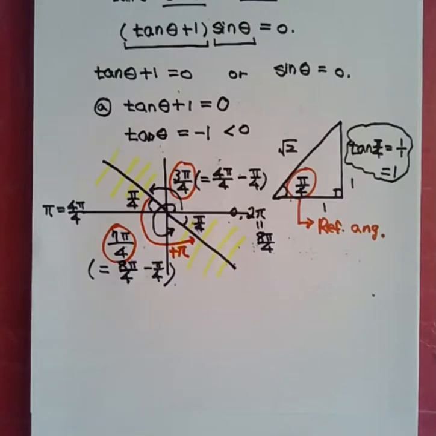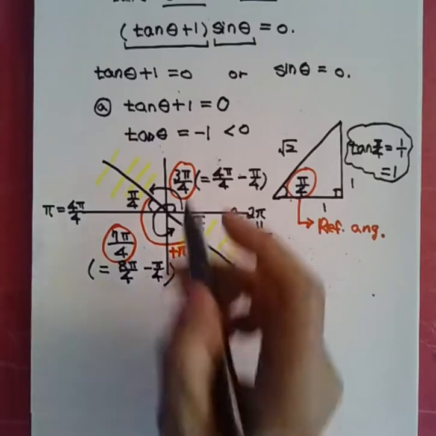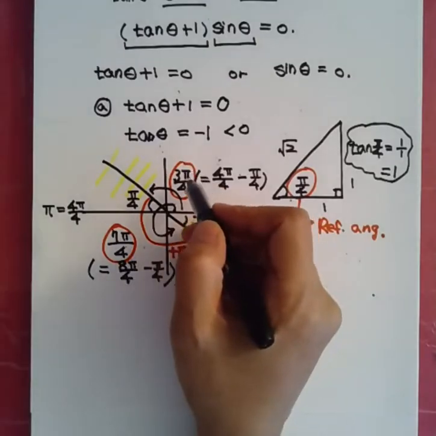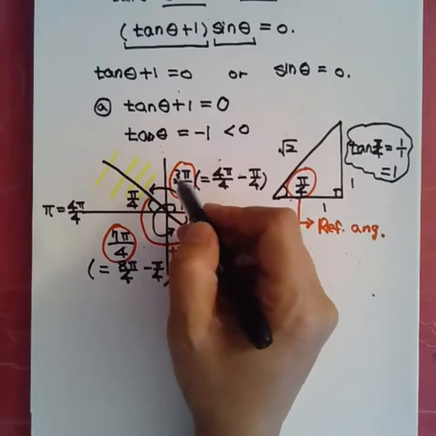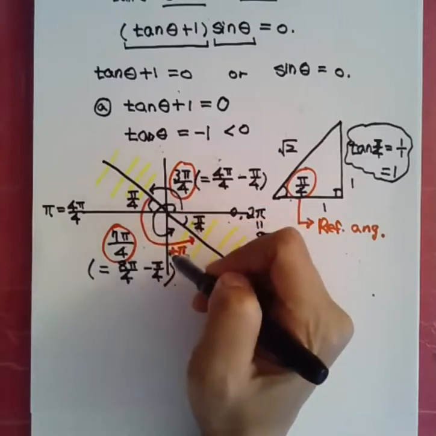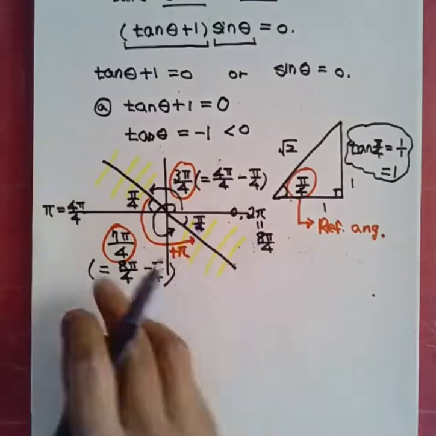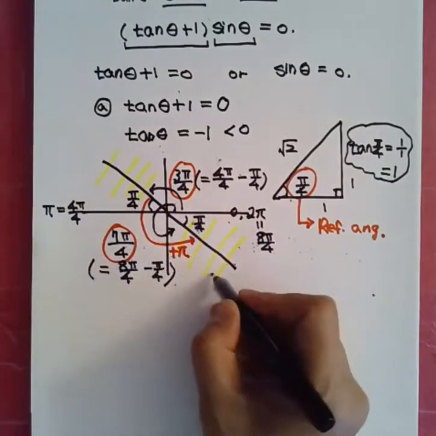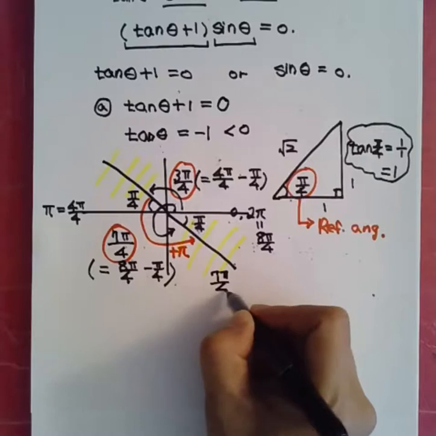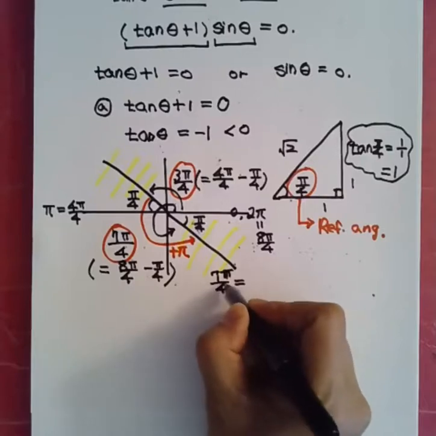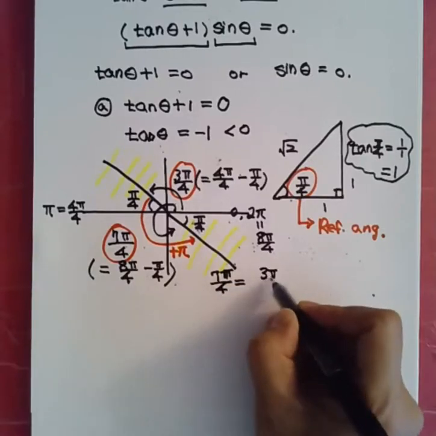What I'm saying is in the angle range between 0 and 2 pi, we have two answers, 3 pi over 4 and 7 pi over 4. However, 7 pi over 4 can be obtained by adding pi to 3 pi over 4.